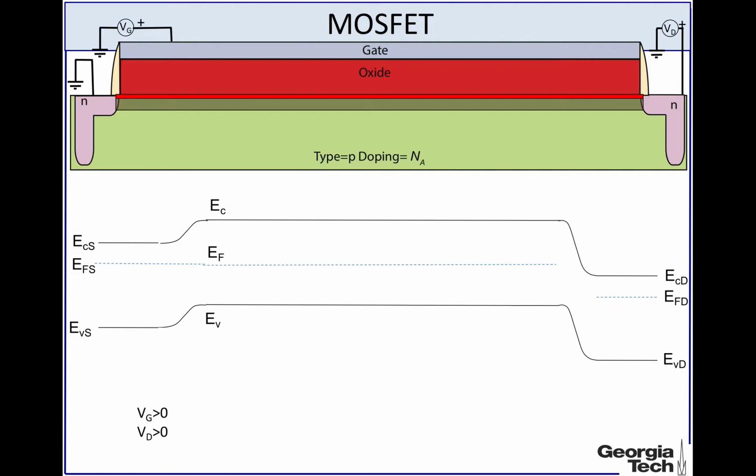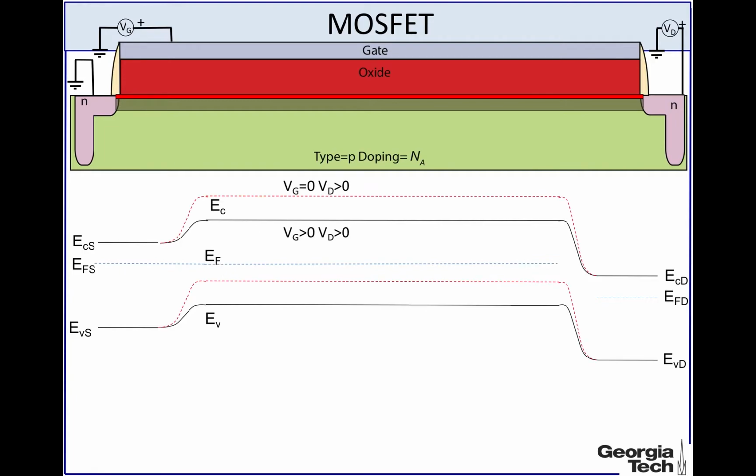But the important thing to note is that because this gate voltage is applied through the gate, it changes the conduction band and the valence band positions, but it keeps the Fermi level in the semiconductor at the same level. And this is how the carrier densities in the channel change, because now the difference between the Fermi level and the conduction band has decreased when you applied a gate voltage.